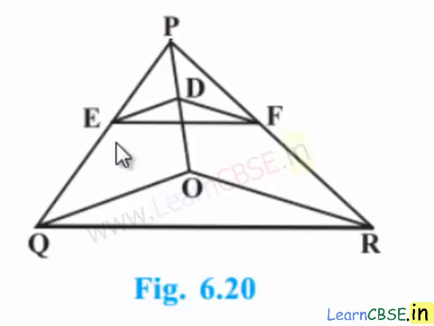So in order to prove that, we need to consider two triangles, that is POQ and POR, and by considering that ED is parallel to OQ and DF is parallel to OR and applying the basic proportionality theorem, we get the ratios of two sides, that is PQ and PR in terms of PD and DO.